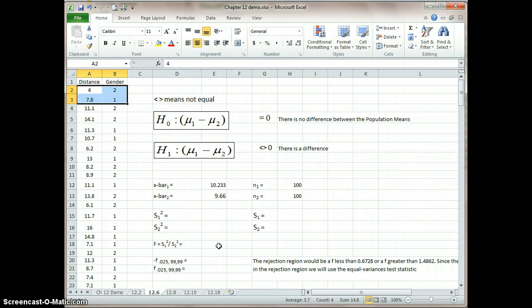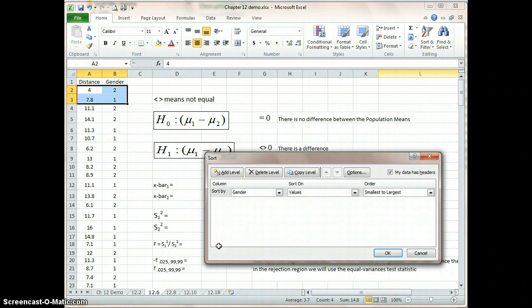And when we consider that, we see that, well, that is the limit on the mean distance driven by the men and women.